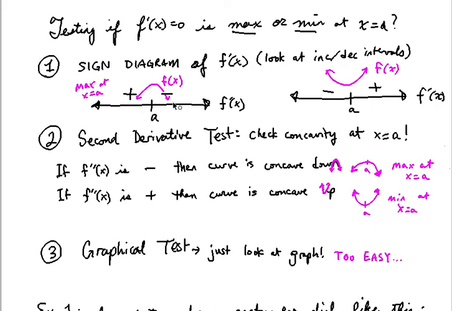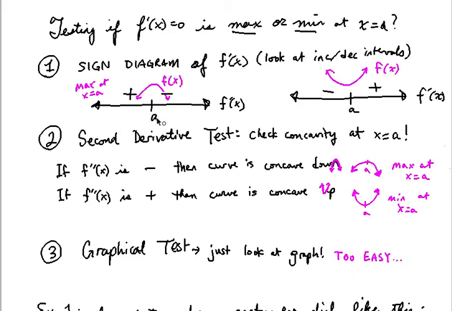Instead of having to plug numbers into my f prime of x, I'll just find f double prime of x, and then plug in any number close to a, or at a actually would probably be best.